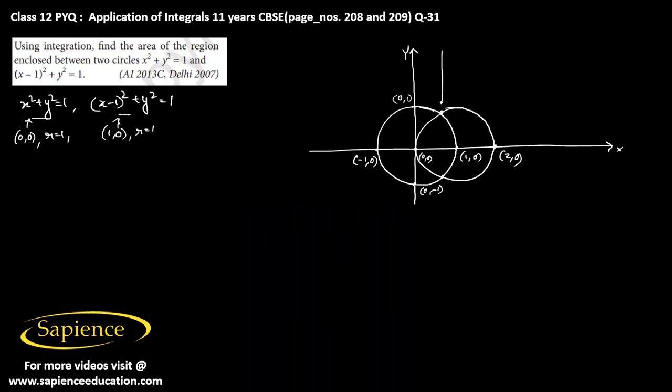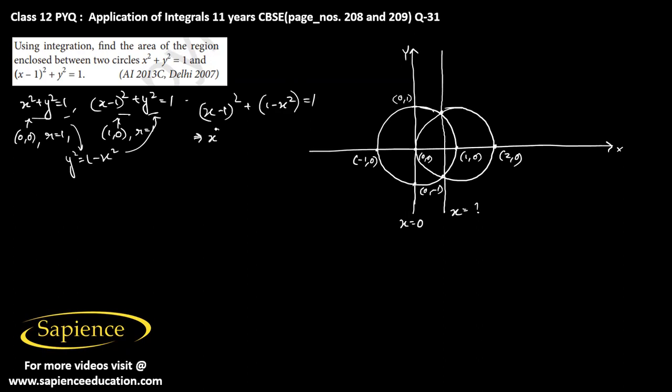We can first find out the x coordinate of those 2 points where they will intersect. So if we solve these two equations, from here we get y square equals to 1 minus x square. If we put that here, then we will get x minus 1 whole square plus 1 minus x square equals to 1.